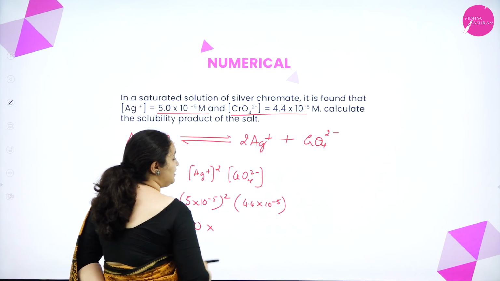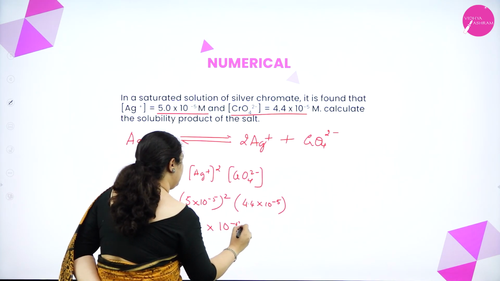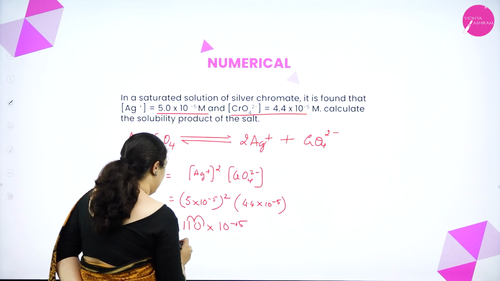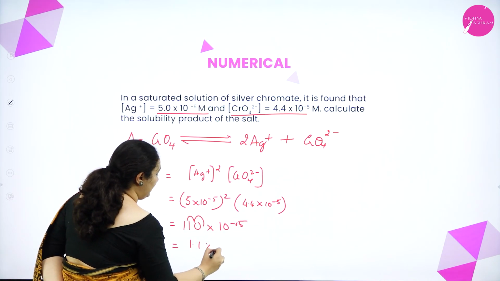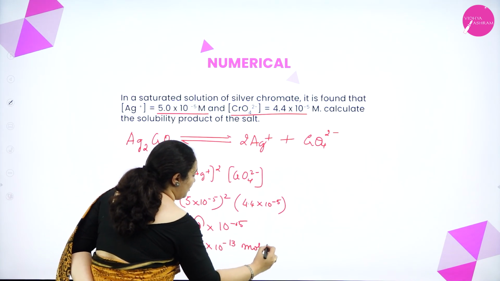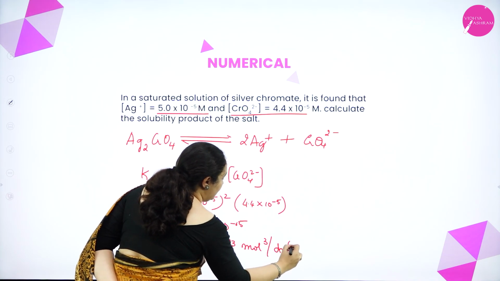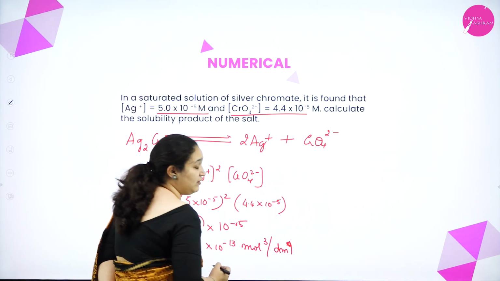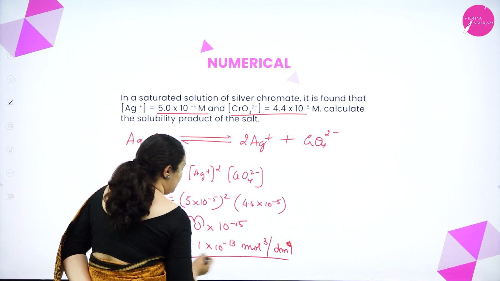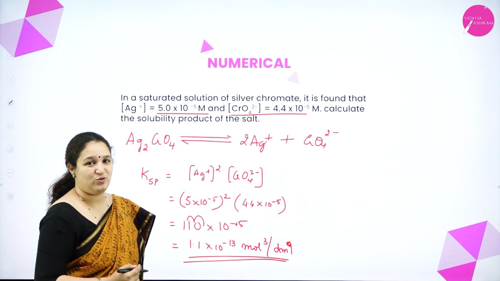Minus 10 and minus 5, if you add up, it is minus 15. Move 2 points and you can write it as 1.1 into 10 to the power minus 13 mol cube per dm to the power 9. So this is the solubility product of the silver chromate solution.